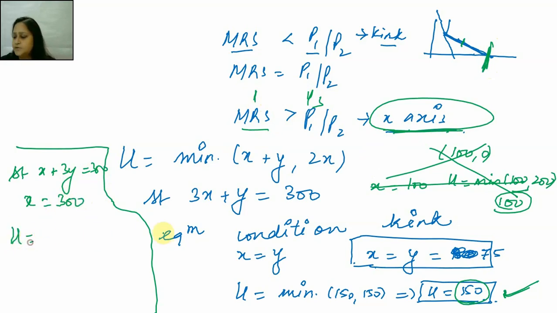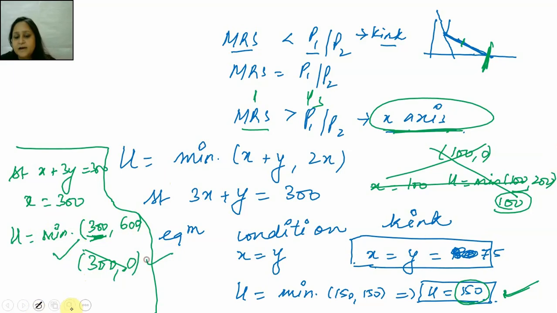So my utility becomes minimum of 300 comma 300 into 2 which is 600, but minimum is still 300. That means this equilibrium is valid. My equilibrium of 300 comma 0 is valid.